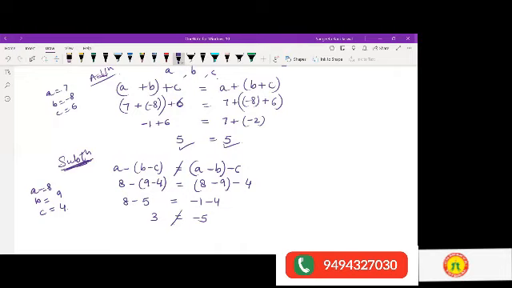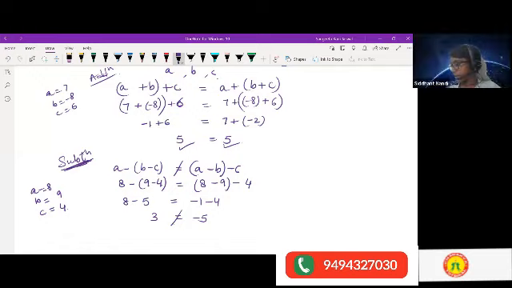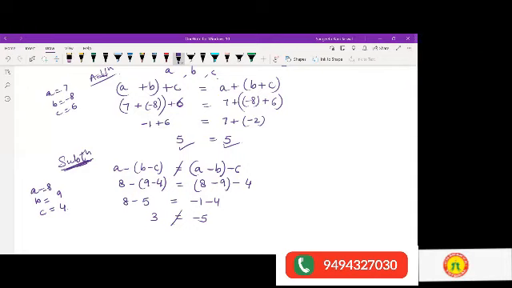What about the distributive property? Is it there in your book? Yes, ma'am. For multiplication, it is there. Distributive property is different. Here we have two operations.